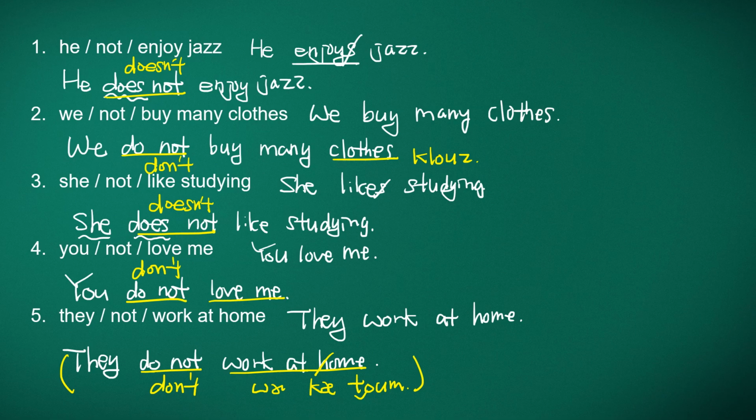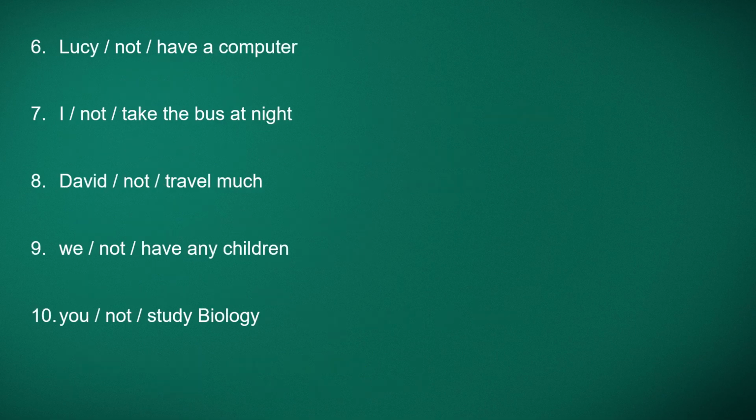Let's go to the next page. Number 6, Lucy is third person singular. So Lucy have becomes has. Lucy has a computer.